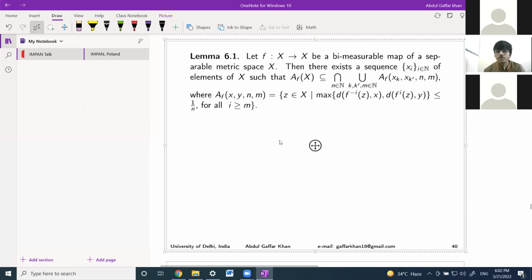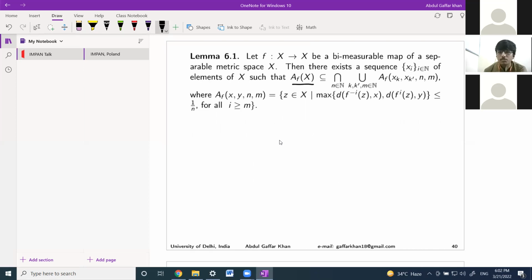To do this, we have divided the proof into two steps. The first lemma says that if f is a bi-measurable map, then we can find a sequence x_i, which comes from the separability of the metric space.